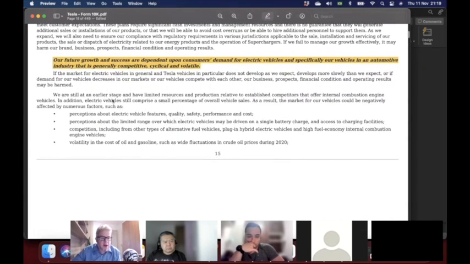Another one. Our future growth and success are dependent upon consumers' demand for electric vehicles, and specifically our vehicles, in an automotive industry that is generally competitive, cyclical, and volatile. So, of course, their growth depends on people wanting, first, electric cars, and second, Tesla's electric cars, because nowadays Volvo, Ford, they are all producing electric vehicles as well.